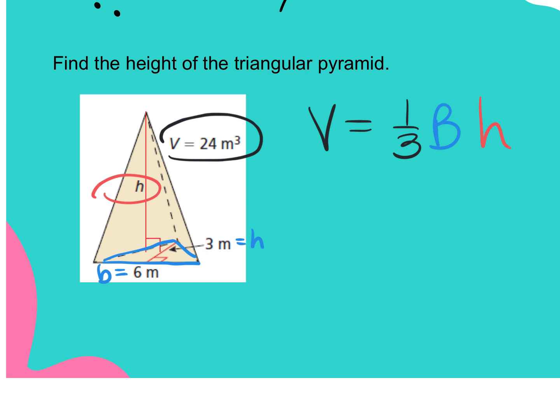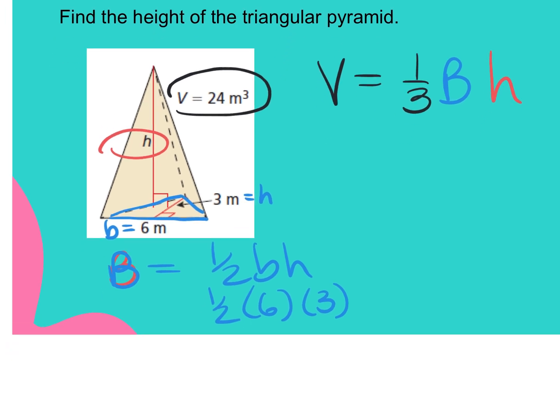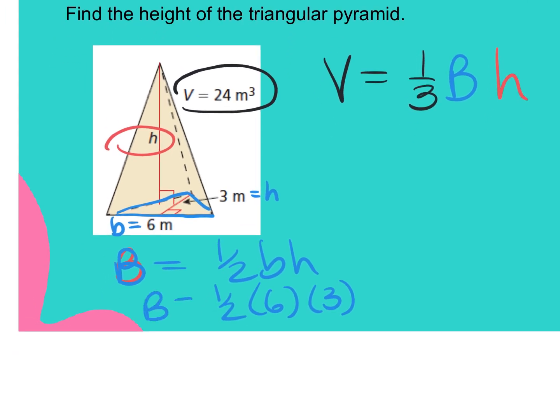Okay, so for the capital B, the area of the base, 1/2 base times height. It's a triangle. My base is 6. The height of that little triangle at the base is 3. So 1/2 of 6 times 3, and this is going to be 9 meters squared. That's the capital B. Now they gave me the volume.